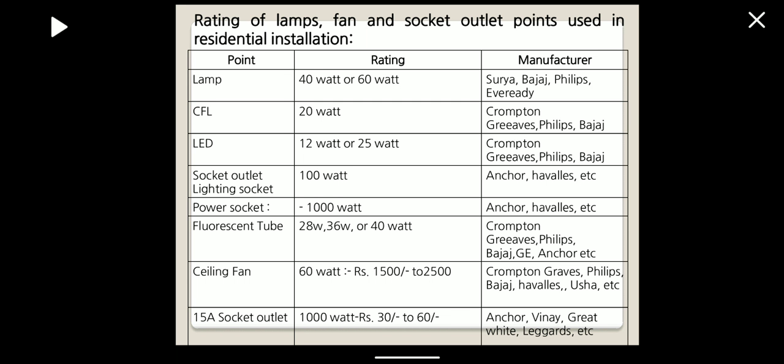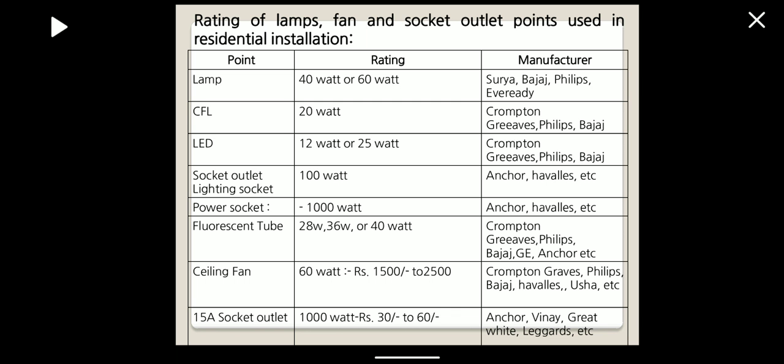Then the socket outlet for the lighting sub-circuit is 100 watt, and Anchor and Havells, etc. are the manufacturers. Then the power socket, that means the socket outlet for power load, has a rating of 1000 watt.